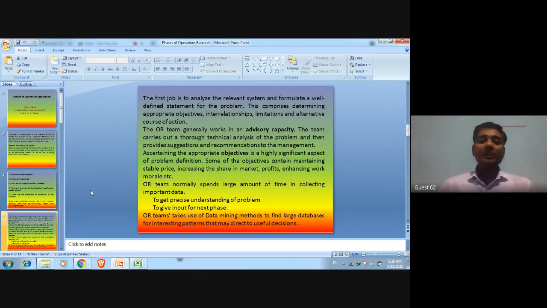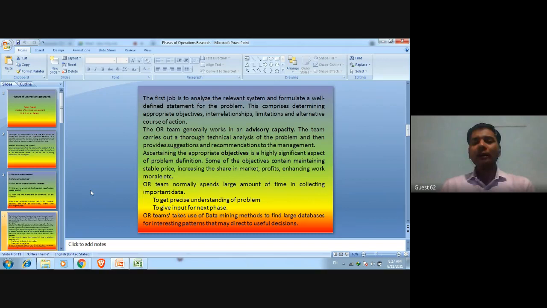Now, the operations research team generally works in an advisory capacity. The OR team has many specialists such as economists, mathematicians, statisticians, and physicists.